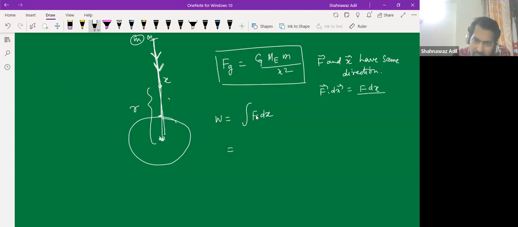I can put in the value of F, that is G M_E m divided by x squared, times dx, and I'm bringing the mass from infinity to a fixed point.